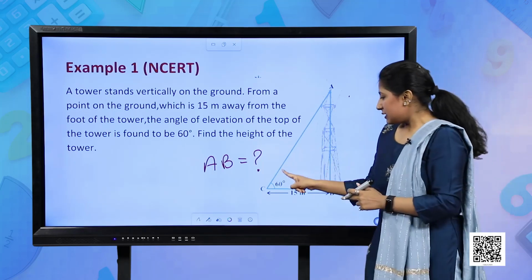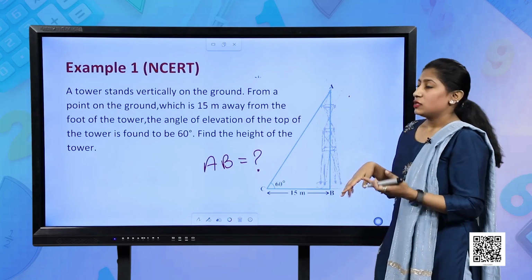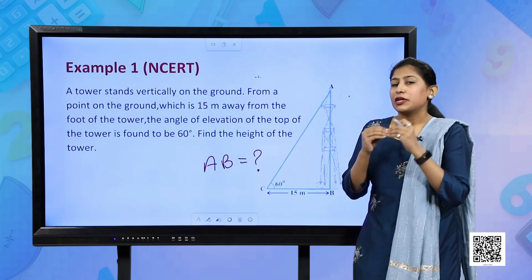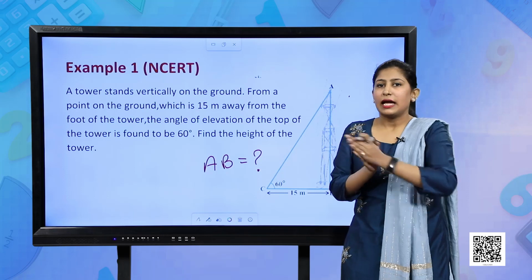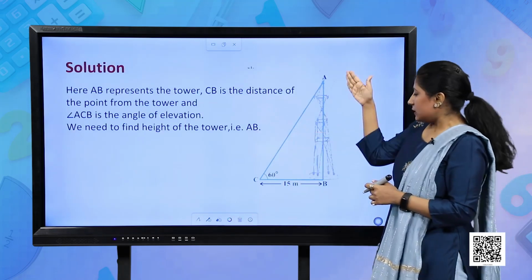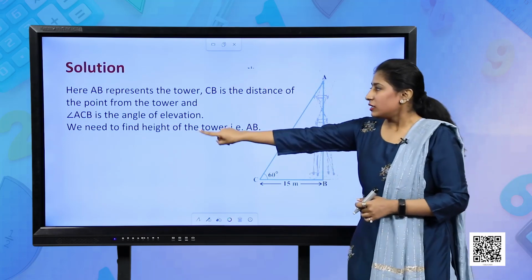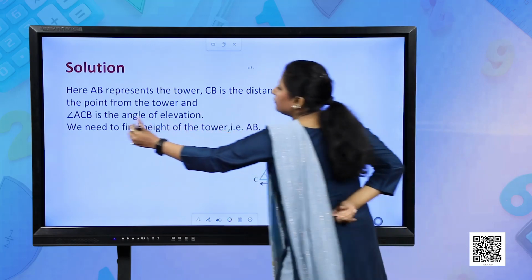We know that this is one angle, this is one side, we have to find the other side. So we will apply what? Trigonometry, definitely, because trigonometric ratios tell us the relation between side lengths and angles. Okay? Here AB represents the tower. CB is the distance of the point from the top and angle ACB is the angle of elevation.